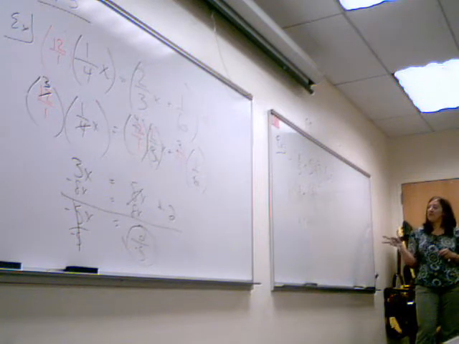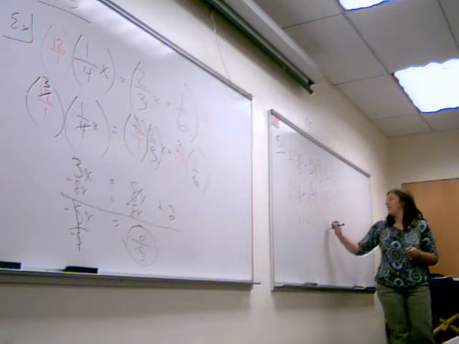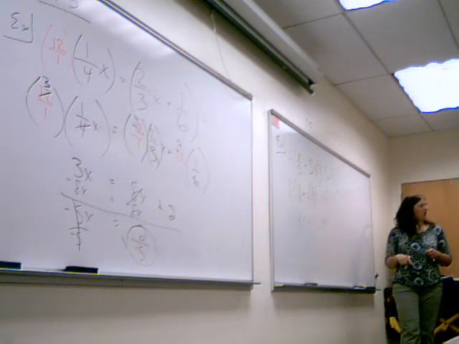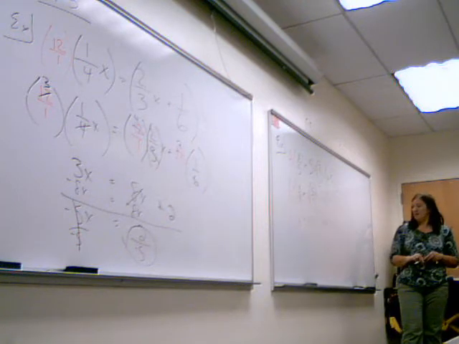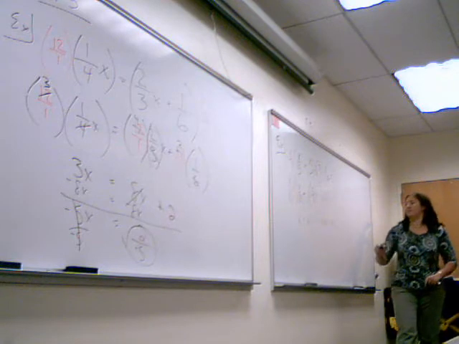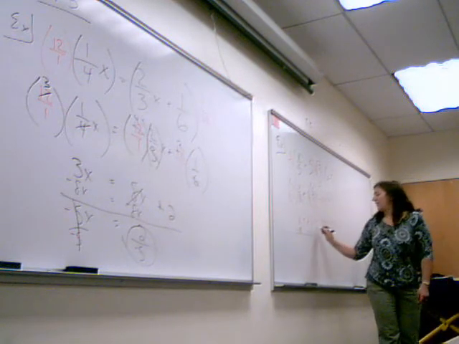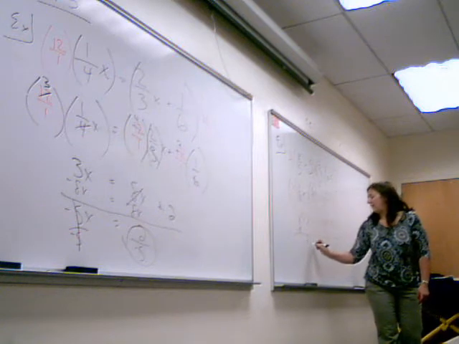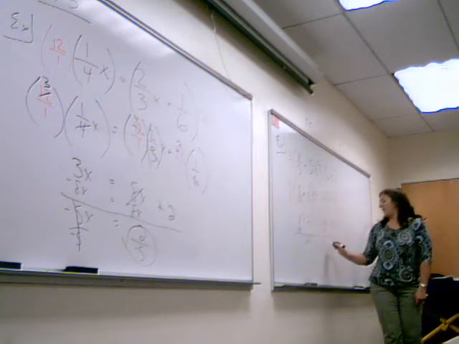Let's distribute it now. 15 times x is just 15x, 15 times 3 is minus 45. Then what would you do now? Subtract the x. Okay, so I've got 25 here. How many x's here? 14x.